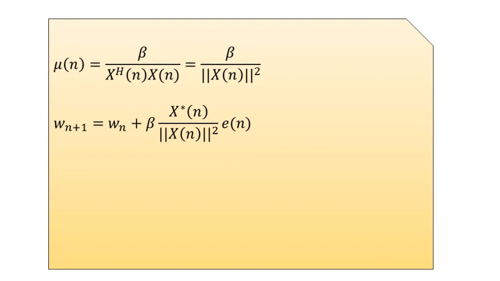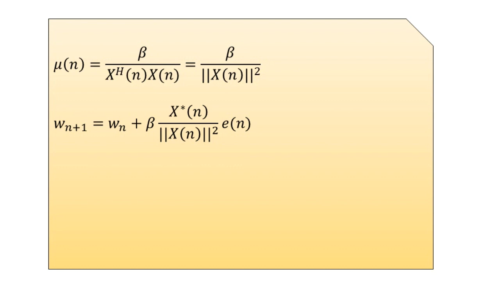Now in the LMS algorithm, the correction applied to the weight vector w suffix n is proportional to the input vector x of n. Therefore, when x of n is large, the LMS algorithm will experience a problem with gradient noise amplification, and with the normalization of the LMS step size by the square of the norm of x of n in the normalized LMS algorithm, this noise amplification problem is diminished.